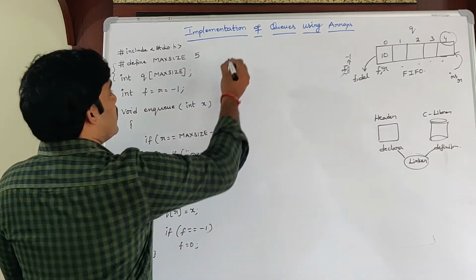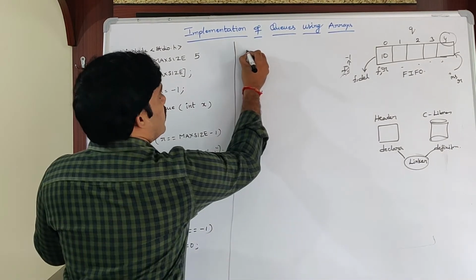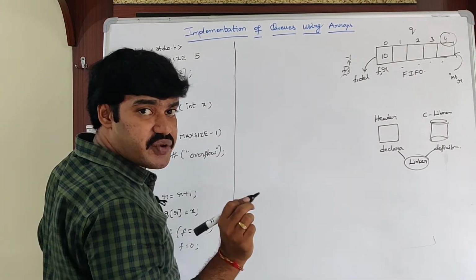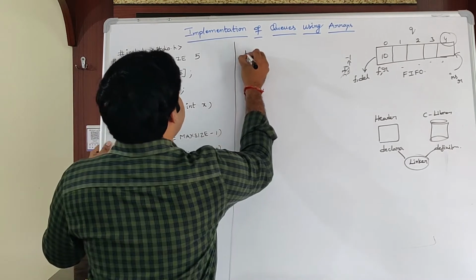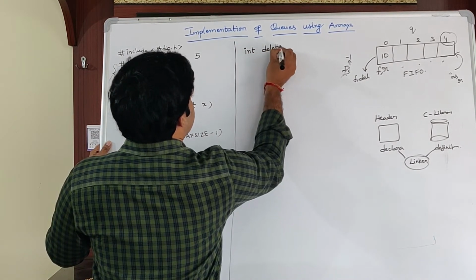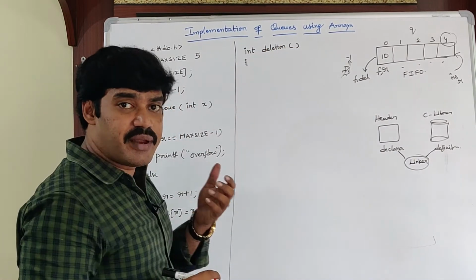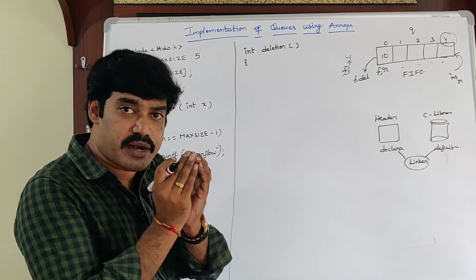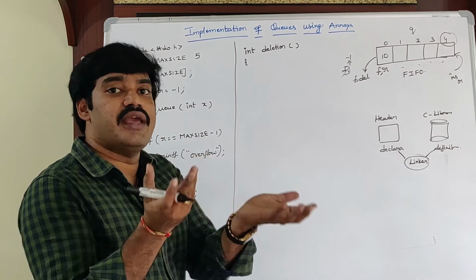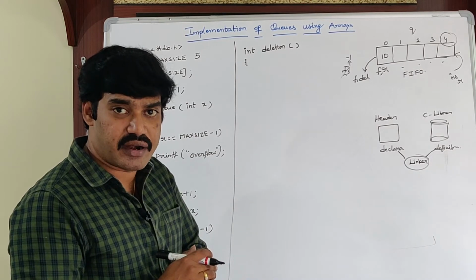Next one is the deletion function. What is the return type of the deletion function? Int deletion. Opening brace. If you want to delete an element from any data structure, check whether that particular data structure is empty or not. Coming to the Q, check whether the Q data structure is empty or not.